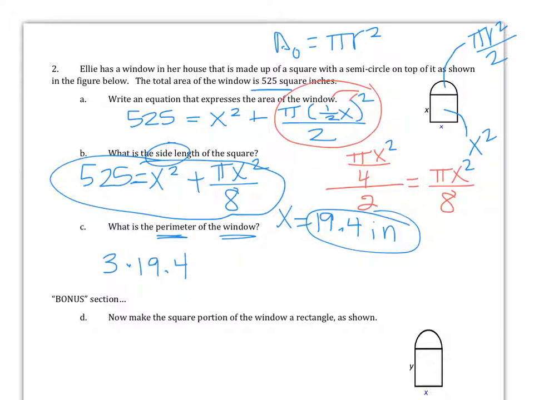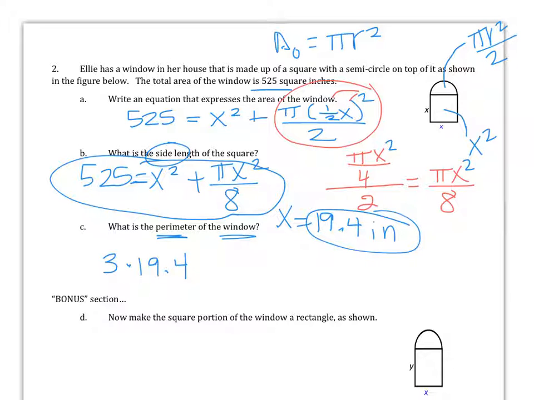And then I also have half of a semicircle, so half of the circumference of a circle. If the circumference of a circle that we remember from before is pi d, then half the circumference of the circle is going to be half of pi d, right? And in this case, d is x, it's the same thing as x.